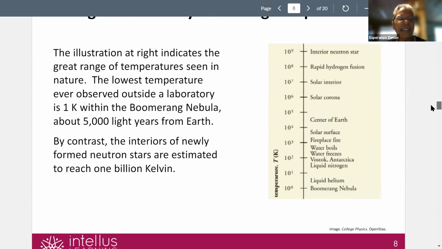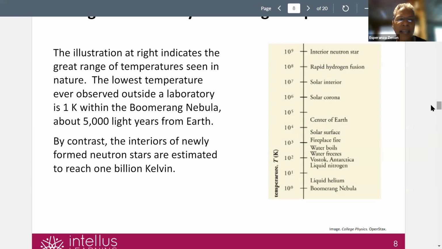And then, just a nice visual to get you thinking about some actual processes or scenarios in nature. What kind of temperatures are we talking about? So you notice it says what? The lowest temperature ever observed outside a laboratory is 1 Kelvin within the Boomerang Nebula, which is about 5,000 light years from Earth.